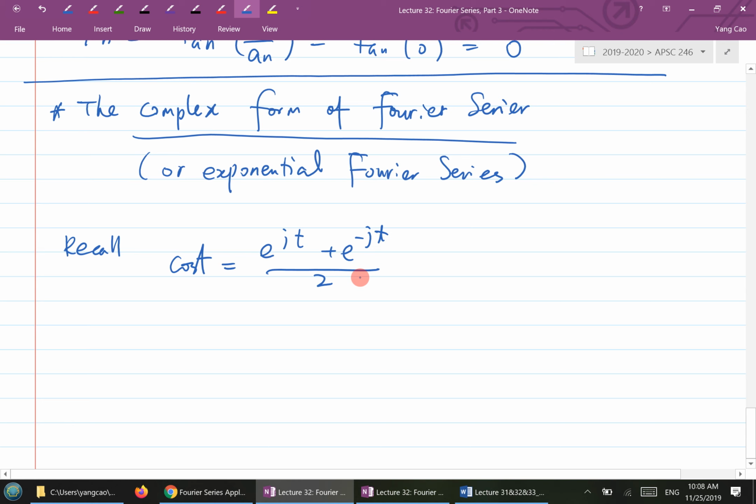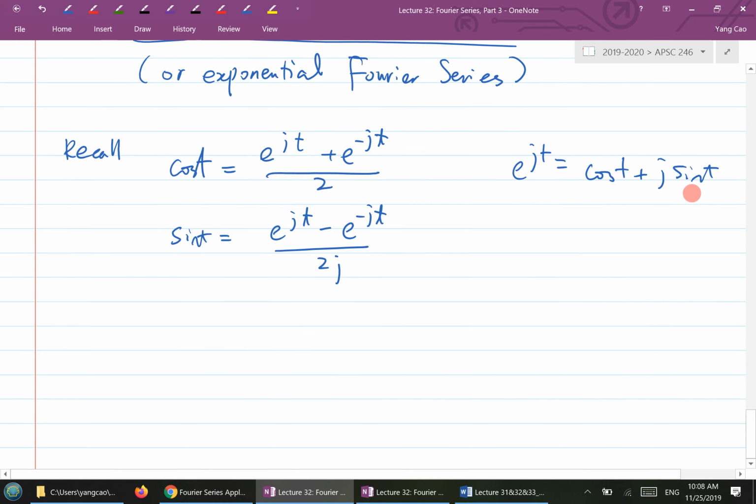When you have e to the power jt, if you recall, e to the power jt is cosine t plus j sine t. And similarly, if you have sine t, you have a similar formula: sine t equals e to the power jt minus e to the power negative jt, over 2j. So that's Euler's formula, right?